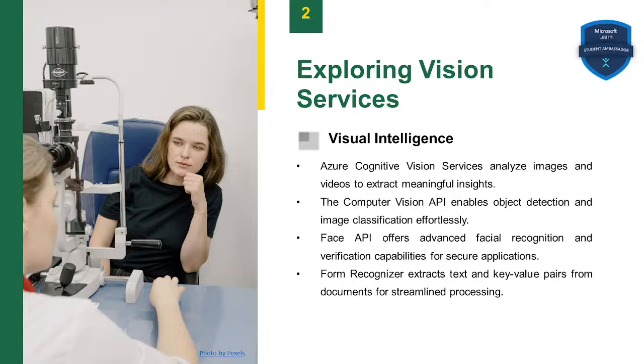Imagine a healthcare organization needing to process thousands of patient forms. By implementing Form Recognizer, they can automate the extraction of key details like patient names and diagnosis information, significantly speeding up administrative processes.